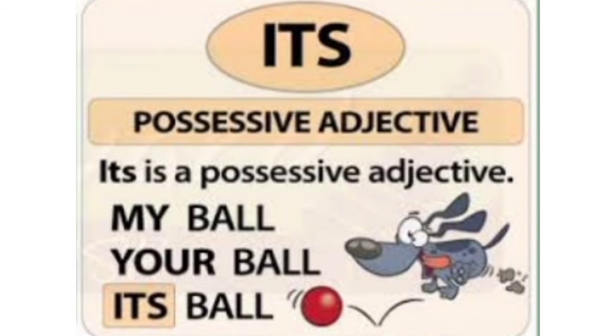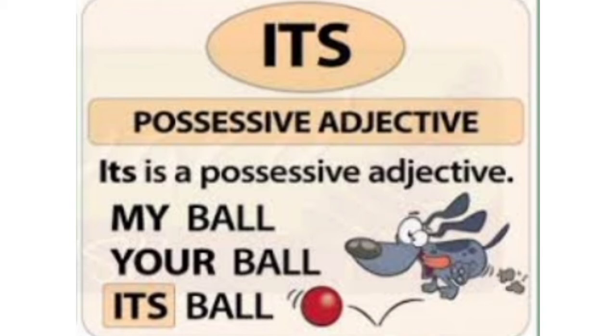Now let us see the other its, which is without an apostrophe. This its is a possessive adjective, which means we use this its to show a possession or an ownership of anything, which means whenever any person or any creature has ownership of anything, this its is used in the sentence.